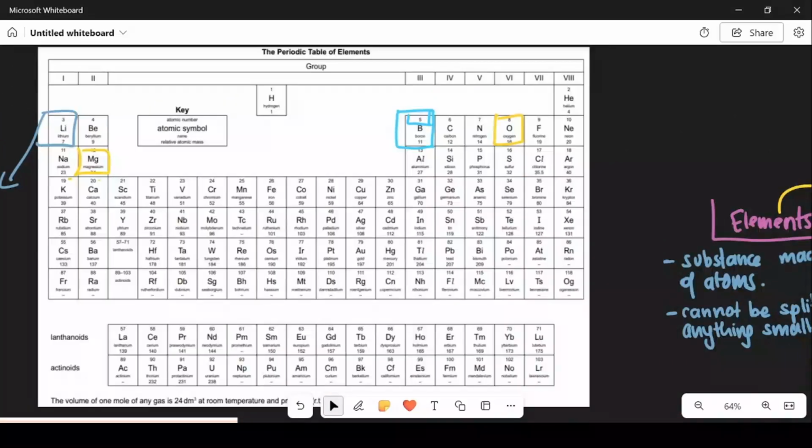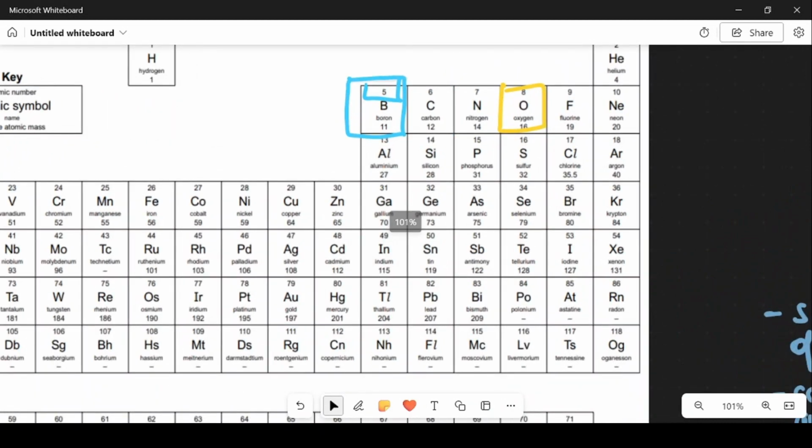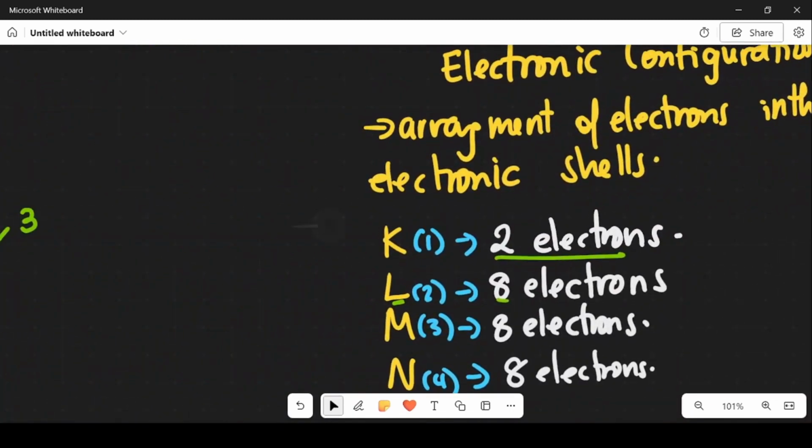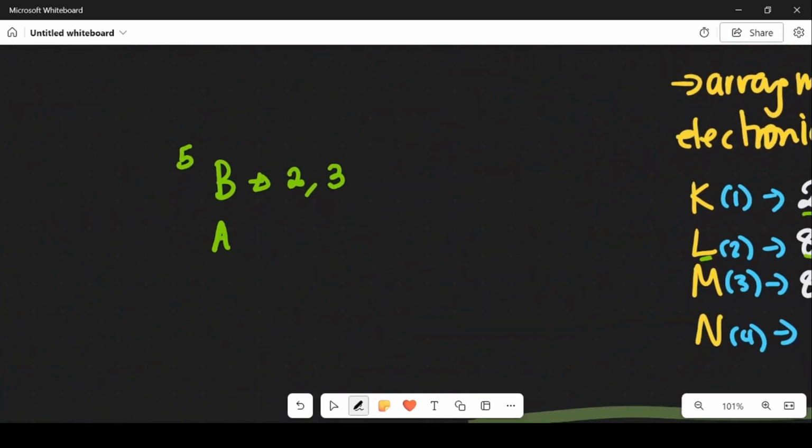Now let me go back. Let's take a little harder one. Let's take aluminum just down here with a proton number of 13. It's an element, it's an atom, not an ion. So it will have an electron number of 13 as well.